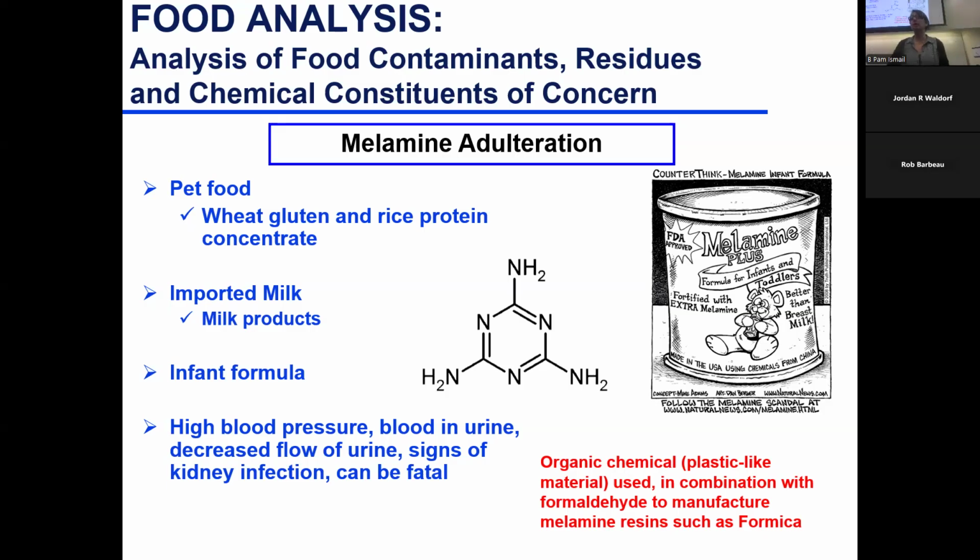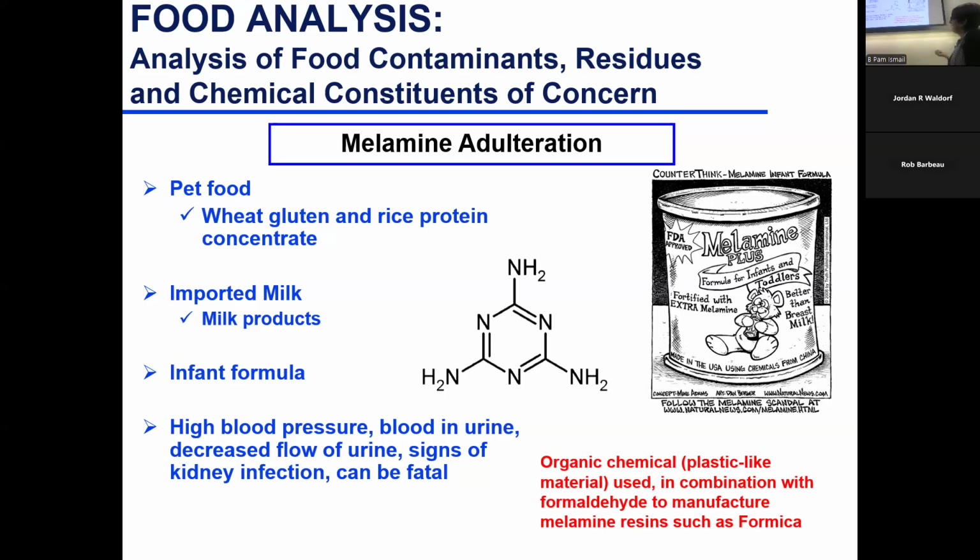A lot of cases happened where pets died from consumption of certain pet food. It does impact the kidney mostly, and it can be fatal. In other countries of the world, it was used in milk products for infant formula, which also babies got sick of it. So what is melamine actually used for?